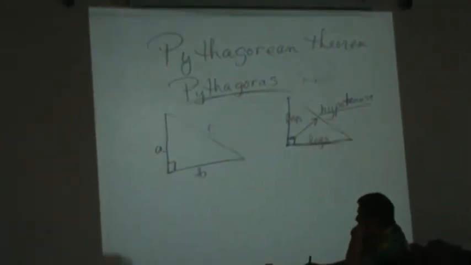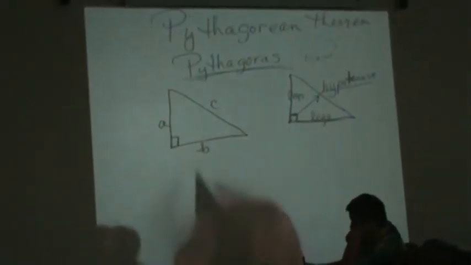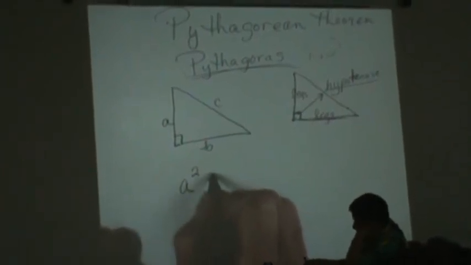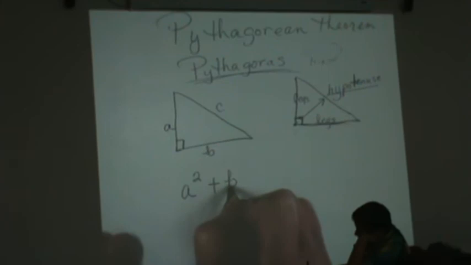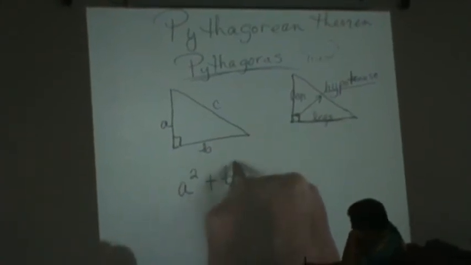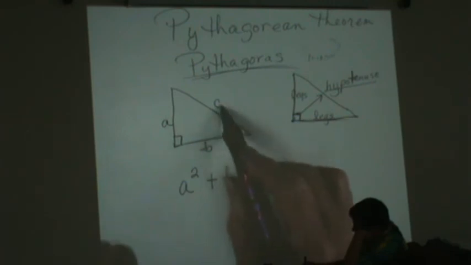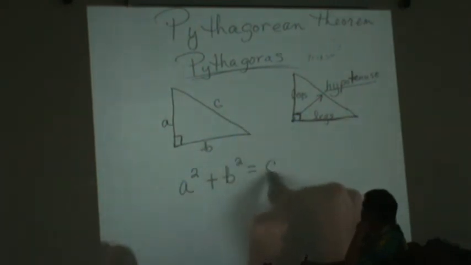Now, what he figured out is if you take the length of A and you square it and you add the side B, the other leg, squared, it's equal to the hypotenuse squared, the C side squared.